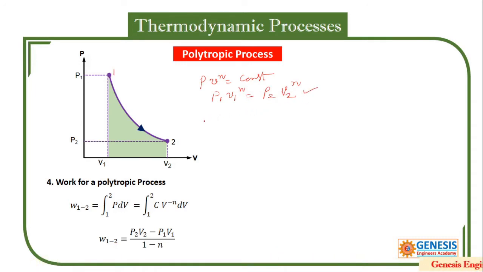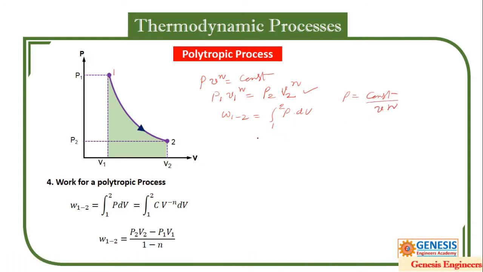Next, to derive the work done for the polytropic process, the work done is integral 1 to 2 P dV. So I have to replace this P. P is equal to constant by V to the power of n.